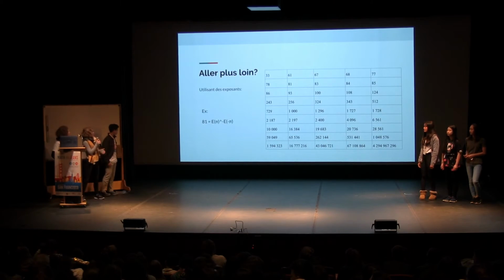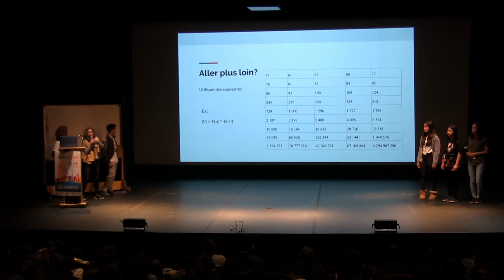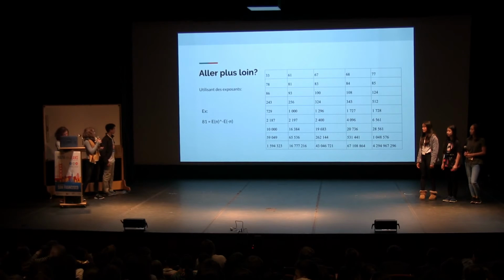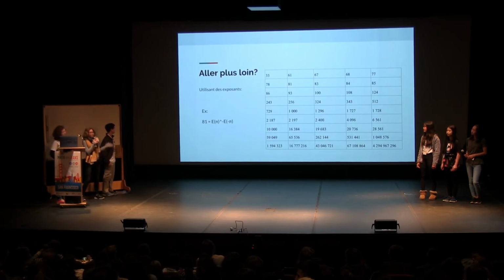And we created a huge list of numbers, and there's even more that aren't represented in this table. The numbers were so long that there's not enough room on the slide to put them. As an example, 81, we created doing 3 power 4, and so on and so forth for all the numbers.